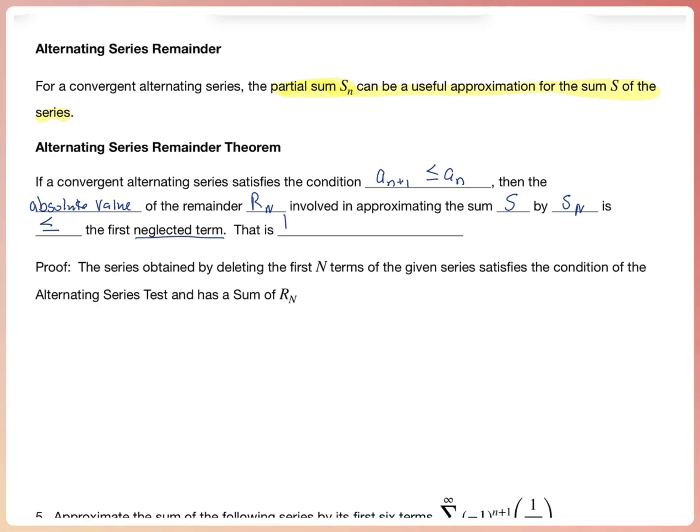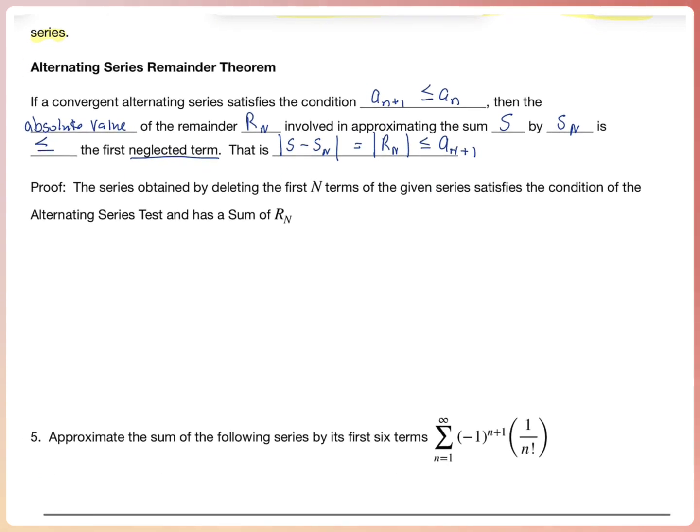That's the remainder. Okay, so let's write this in equation notation. The absolute value of the sum minus the partial sum is equal to the absolute value of the remainder, which is less than or equal to a sub n plus 1, our next term once we stop with our partial sum term. Okay, so here is the proof of this.